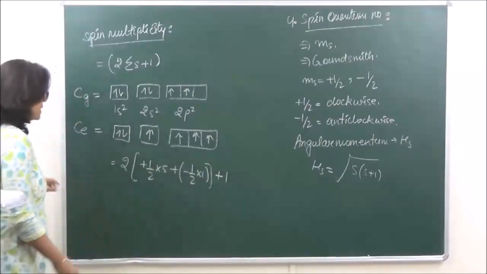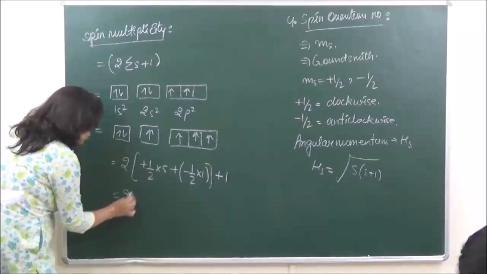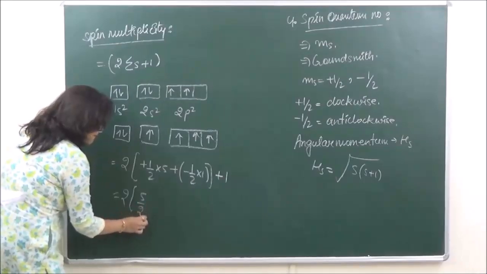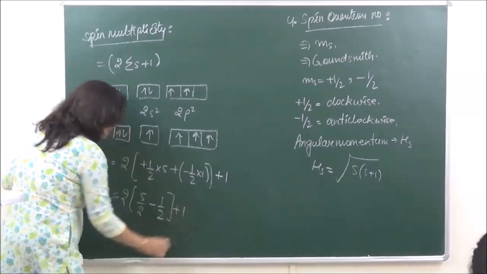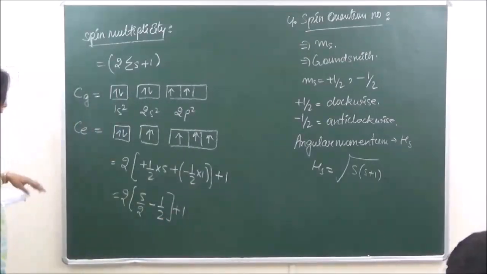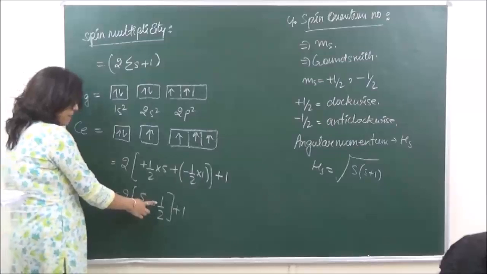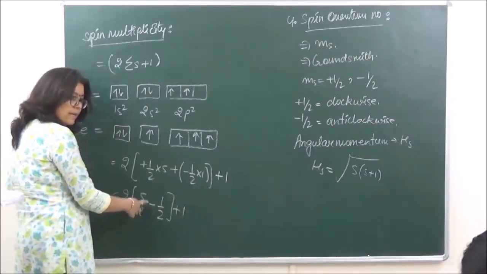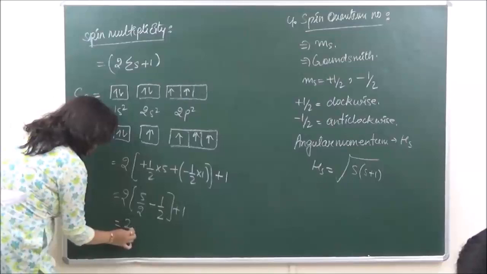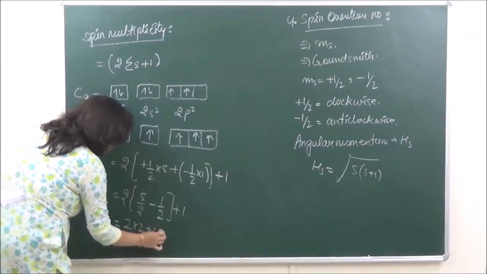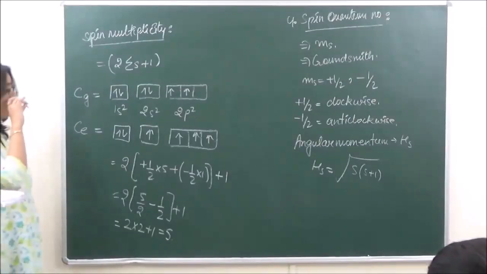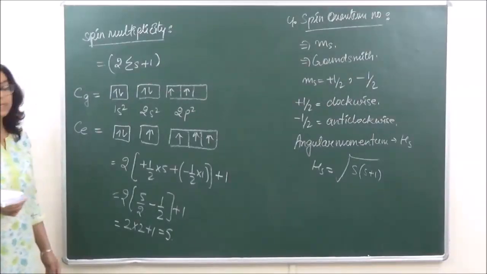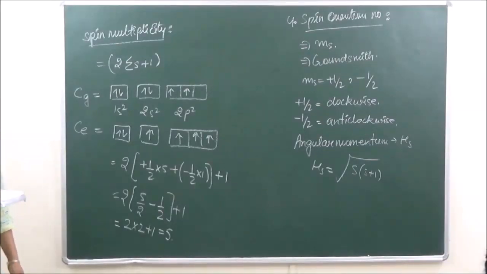So when you calculate this, this will become equal to 2 into (4 by 2), plus 1. So this will become equal to 2 into 2 plus 1, that is equal to 5. So the spin multiplicity for the carbon atom is equal to 5. Okay? So you understood till here?